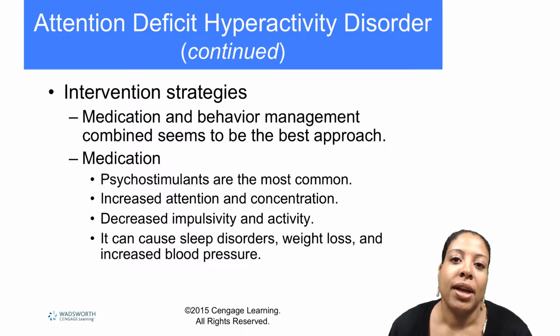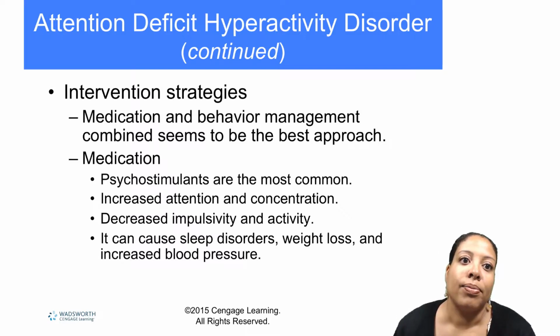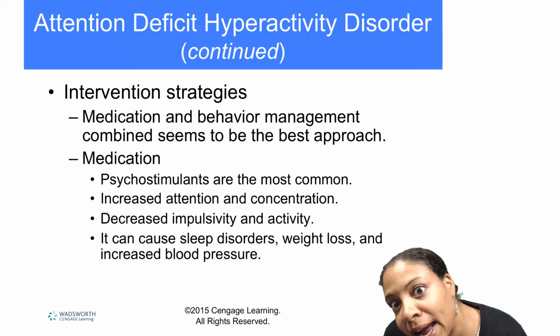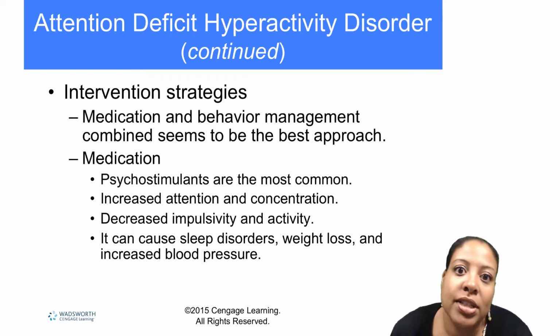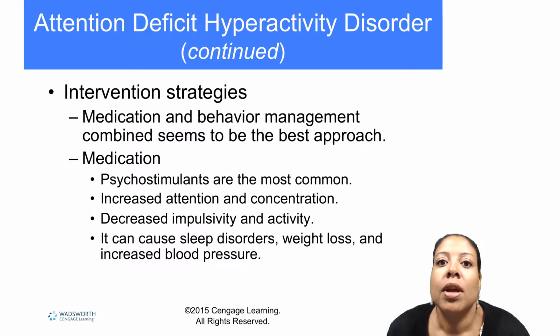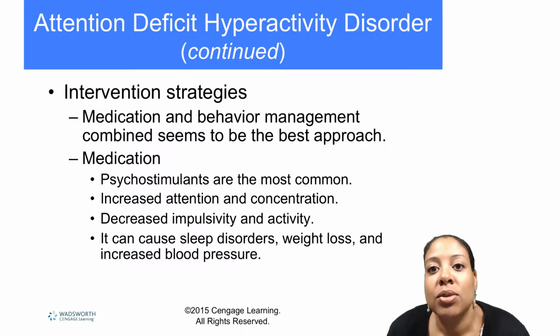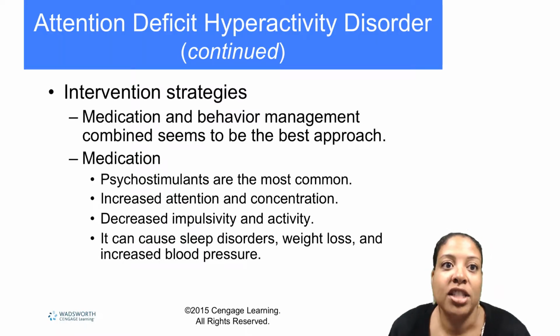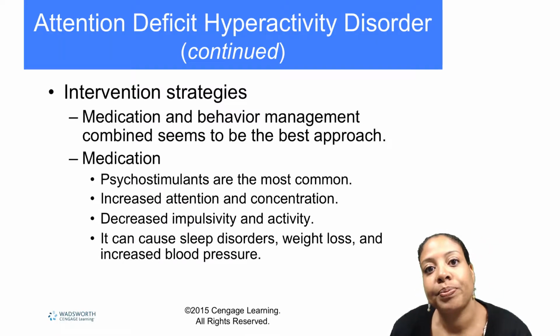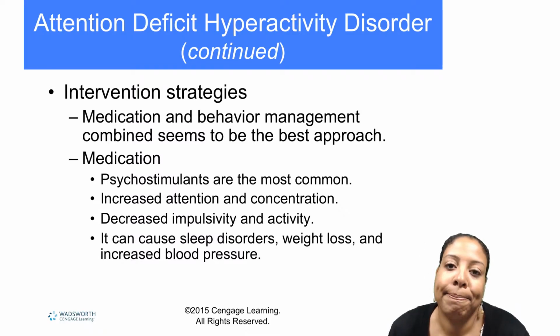That would be medications like Ritalin. They increase attention and concentration and decrease impulsivity and activity. Side effects can include sleep disorders, weight loss, and increased blood pressure. So there's obviously both benefits and drawbacks to using medication for ADHD.